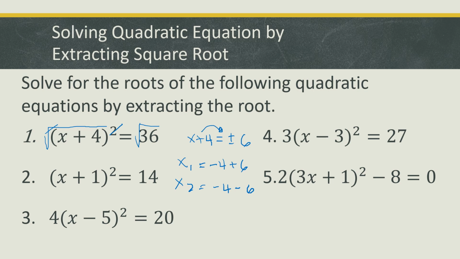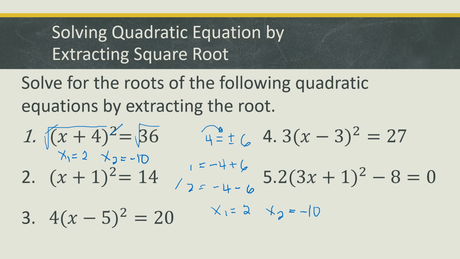Then solve. The first solution is positive 2, and the second solution is negative 10. Right. Let us write this first. First answer is positive 2. Second solution is negative 10.